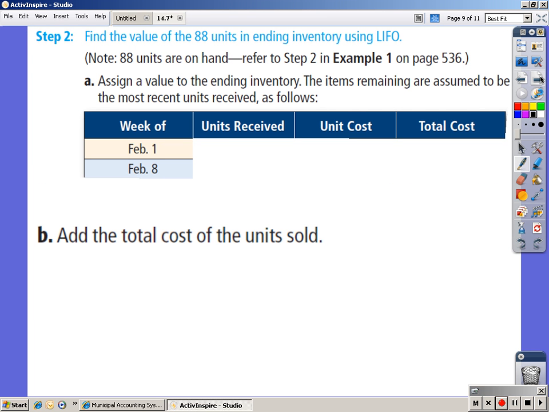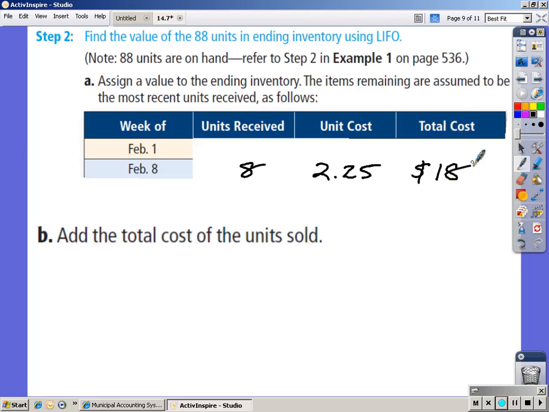All right? And again, we're still working from the bottom up. We used 32 units from February 8th. All right? February 8th, 40 units came in, so that means we had 8 units still left from the 8th that we did not use. 8 at 2.25. Okay? So 8 times 2.25 is $18.